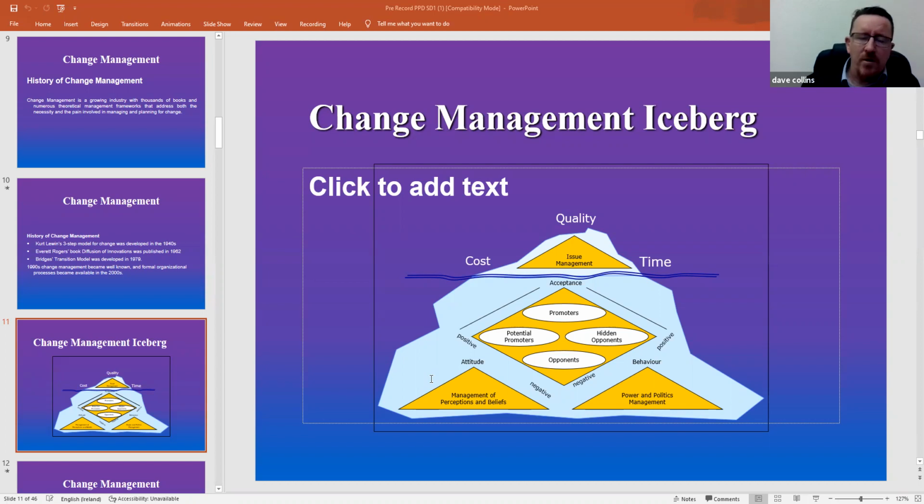When things change within an organization, it can be a stressful time, whether it's changing a logo, your beliefs, or your strategies. There is a lot of stress involved.